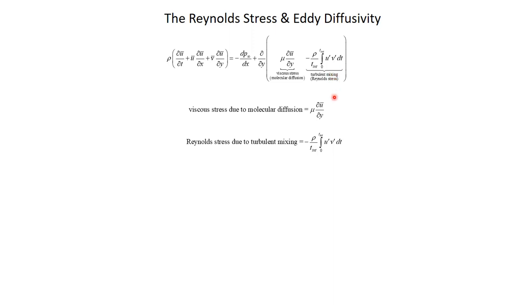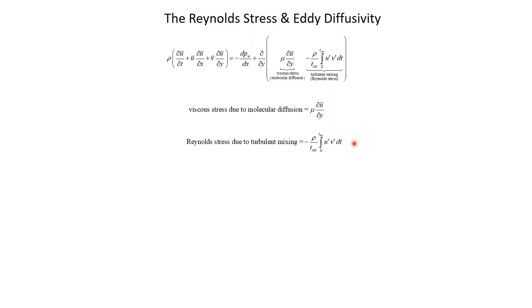And that's related to this integration of the fluctuations in U multiplied by the fluctuations in V, right? And we said that's because these fluctuations in V are really what takes big packets of fluid with either lower or higher x momentum and moves it away from the wall, right? So that's the process that's going on to cause momentum transfer in this turbulent mixing.